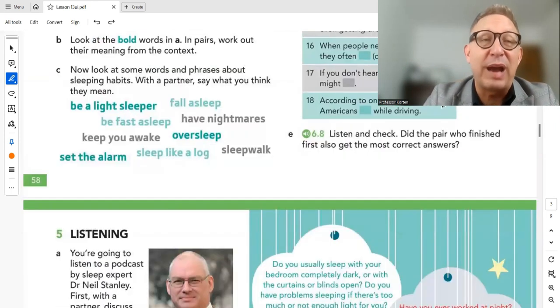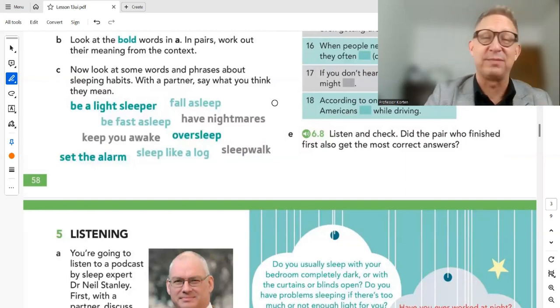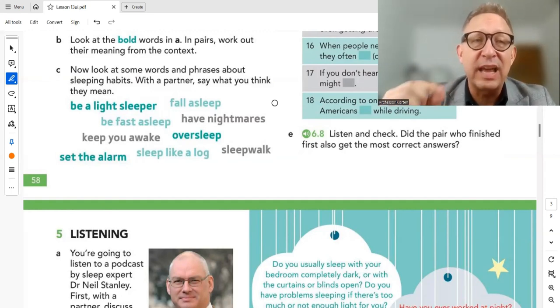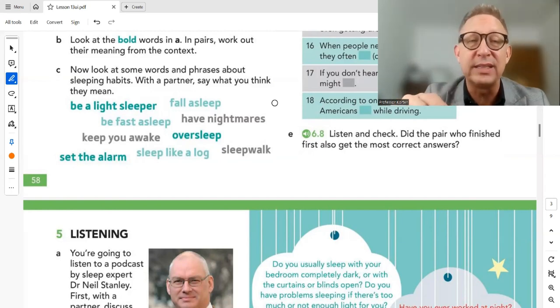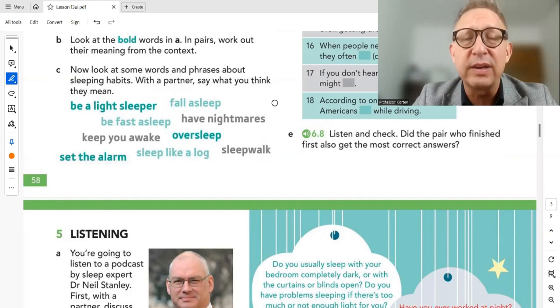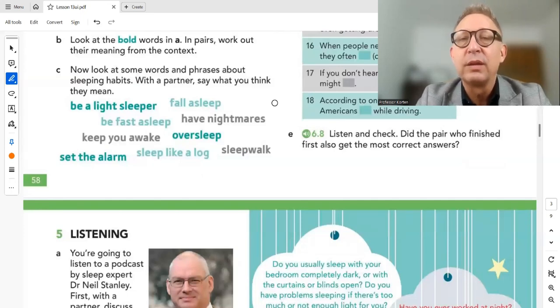I do want to tell you how to pronounce this because some of you don't know, so listen. According to one study, 4.7%. Let me say it again, 4 point, not dot, 4.7% of Americans while driving. Oh, I hope the word isn't doze. Doze would be very serious. All right.